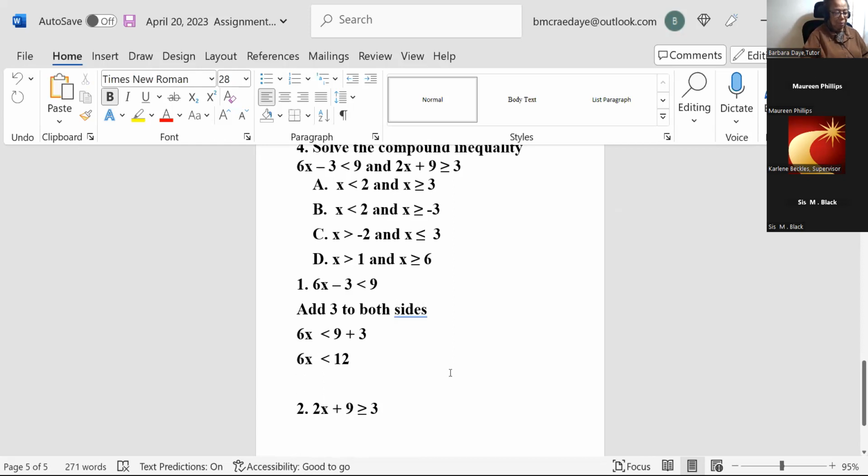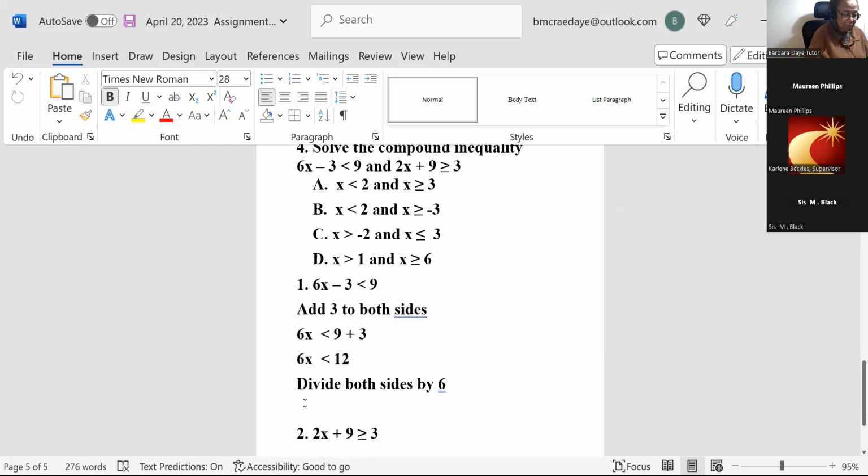Divide both sides by what, Maureen? By 6. That's it. Very good. Both sides by 6. So that would just give you x less than 2, right? So let's just put that here.